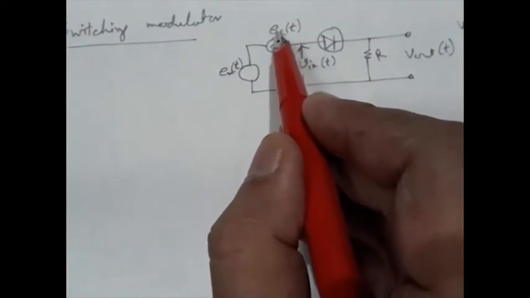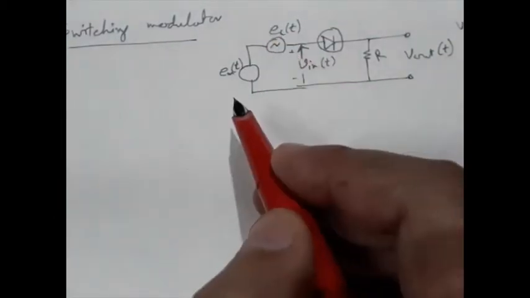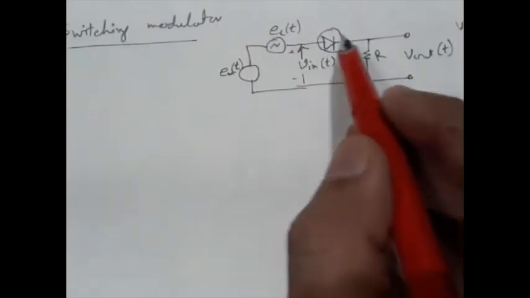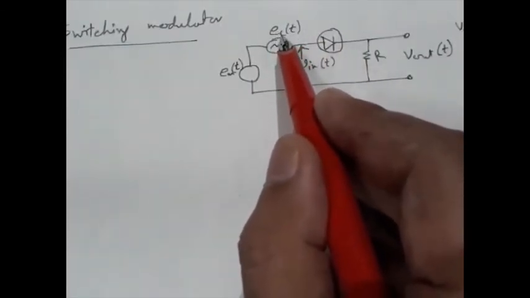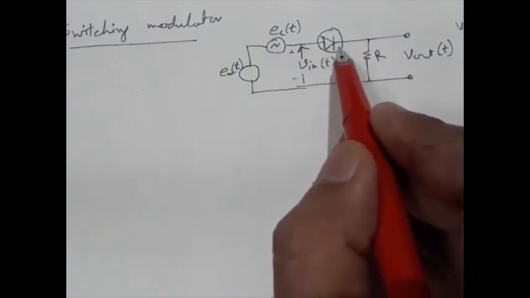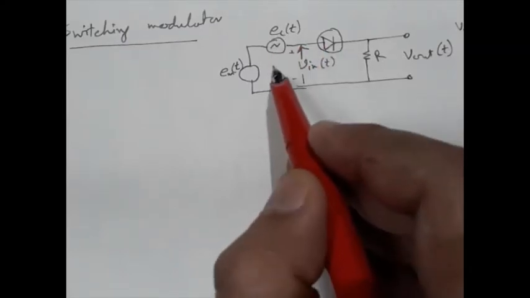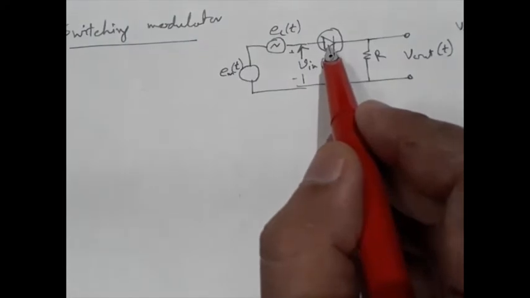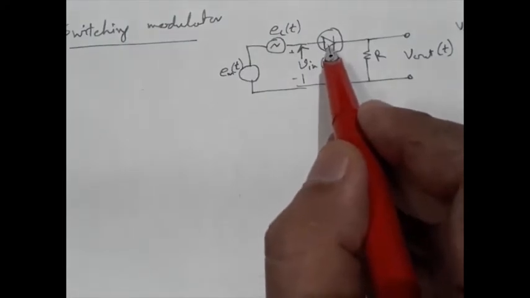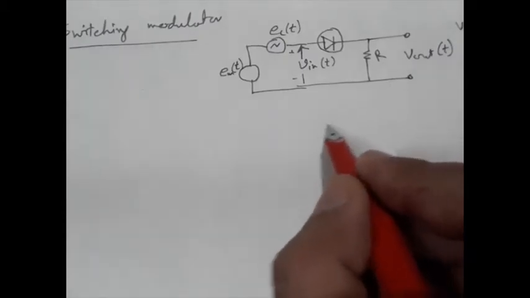Since this carrier signal is of high amplitude, this carrier signal actually controls the bias of this diode. So depending on the phase of the carrier, the diode will be either in forward bias or in reverse bias condition.